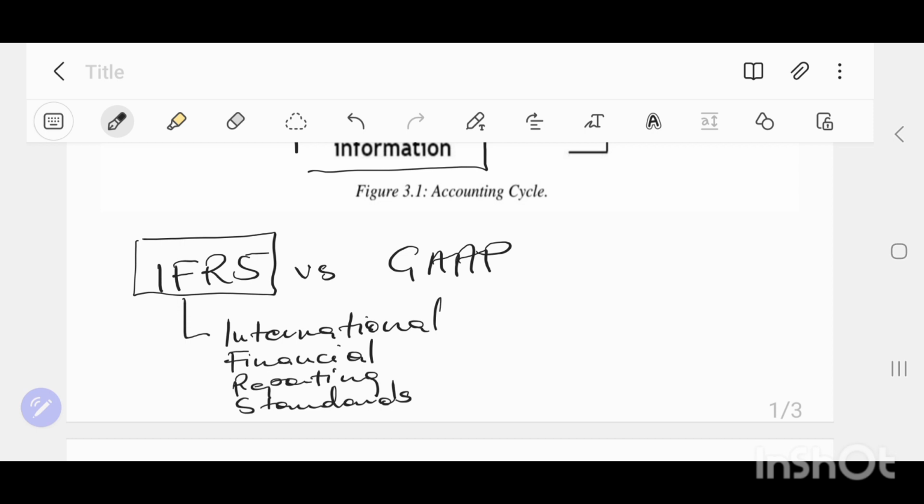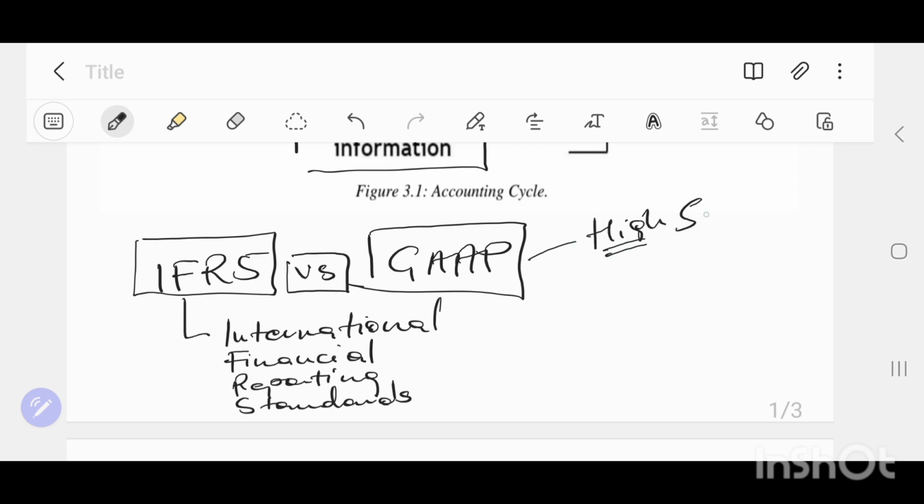So to be prepared in a consistent manner, we need to follow a specific type of guidelines or principles that can help us do this. And then GAAP, these are generally accepted accounting principles. This was done in high school. These are just accounting principles that we were using in high school to prepare financial statements.